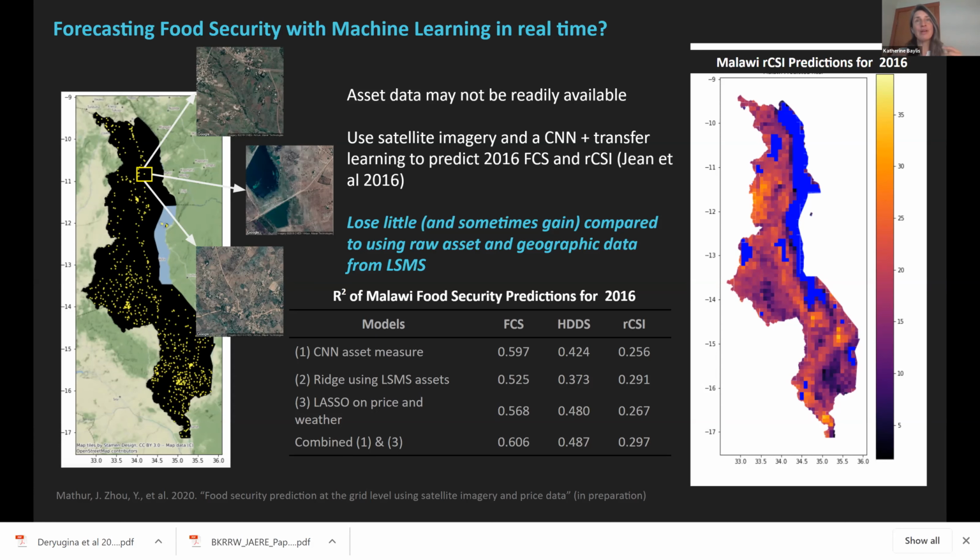The cool deal here is even where we do have asset data, but only for certain survey points, it allows us to use those survey data to train a machine learning model to then predict assets even in places where we don't have survey data. Right.